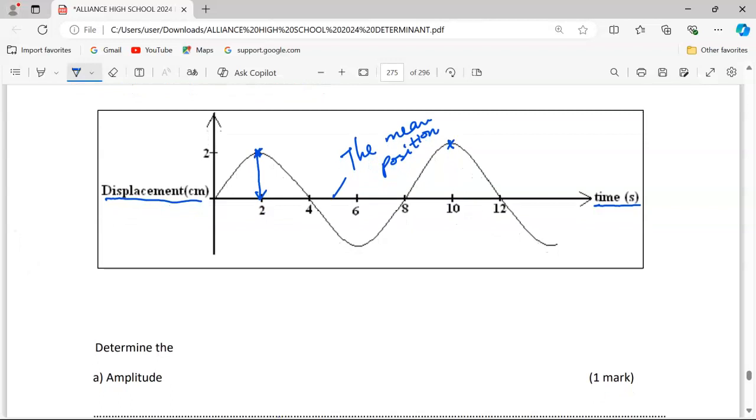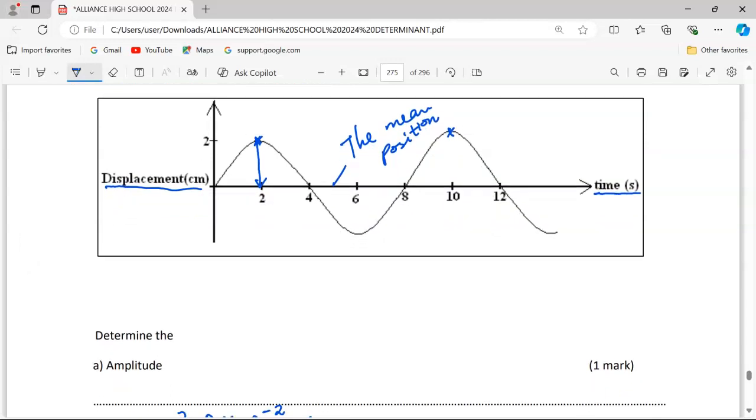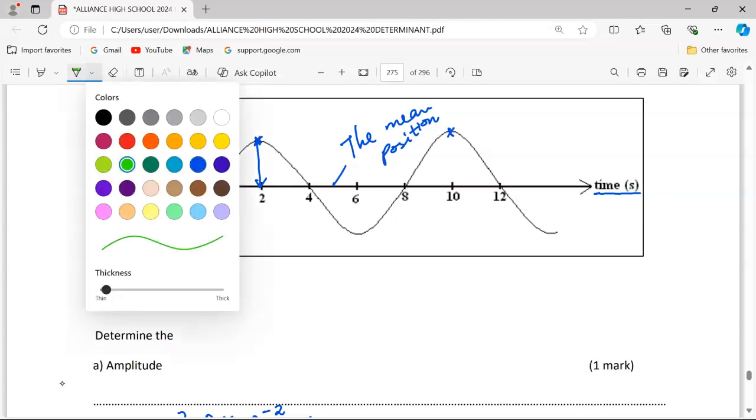So now we can say periodic time. Or rather, we can even consider any other particles which are in phase for us to know the periodic time. Even from 0, if a particle moves until it is at the same point of displacement and moving in the same direction, then we will say that is a complete oscillation, or rather, a wavelength. So from this point, let me show you what I'm saying.